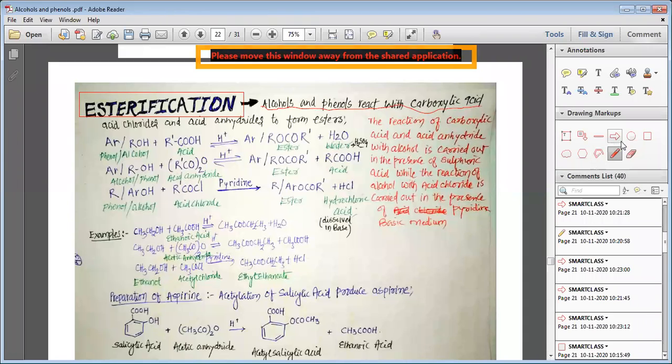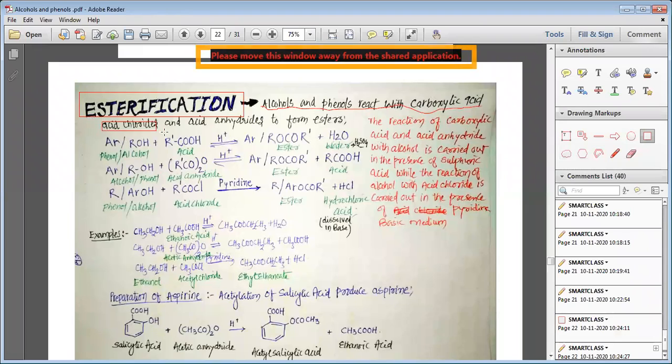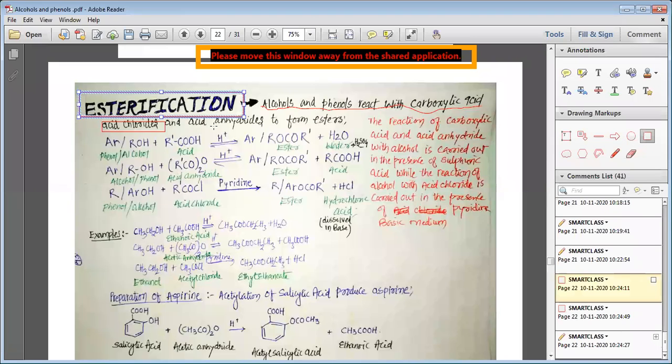But in this standard, we even need to study that apart from carboxylic acid, if alcohols and phenols react with acid chlorides, or even if they react with acid anhydrides, they produce esters.